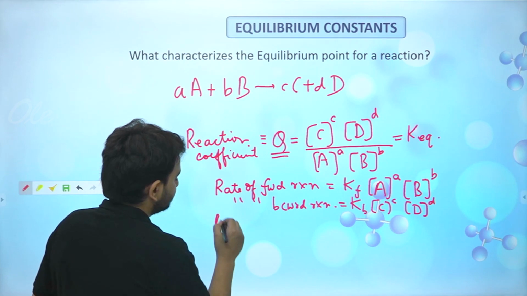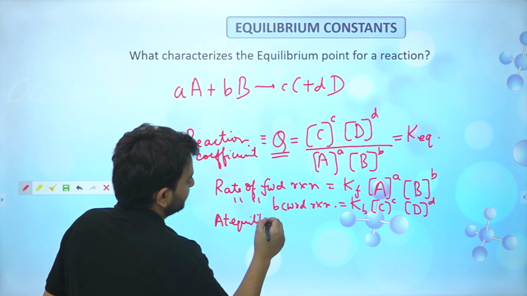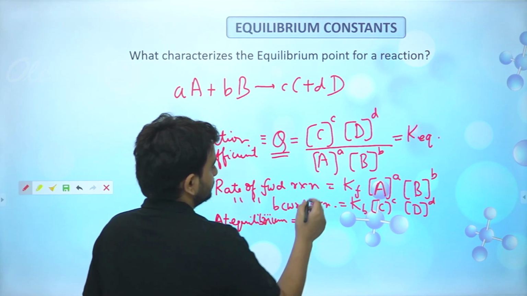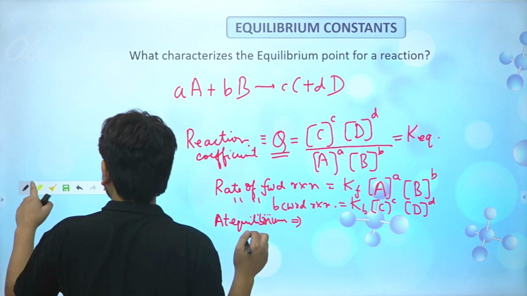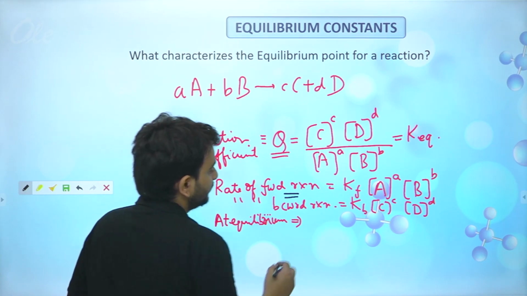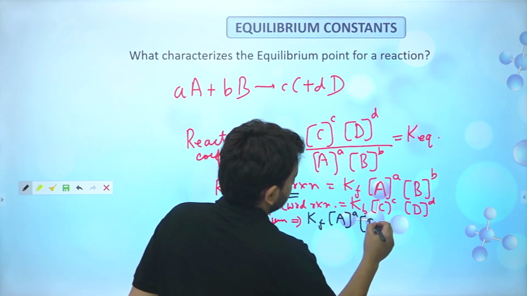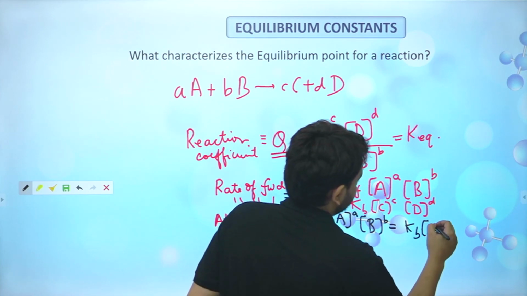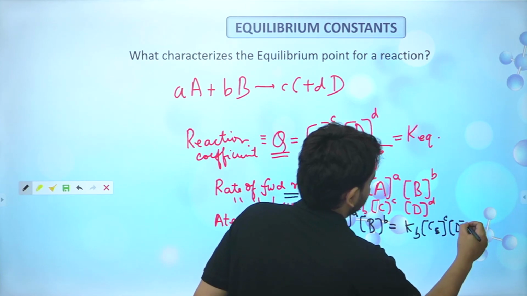So at equilibrium, the rate of forward reaction is equal to the rate of backward reaction. So this becomes equal to this, right? These two become equal. So basically what you'll have is K forward times A to the power a into B to the power b is equal to K backward times C to the power c into D to the power d, right?